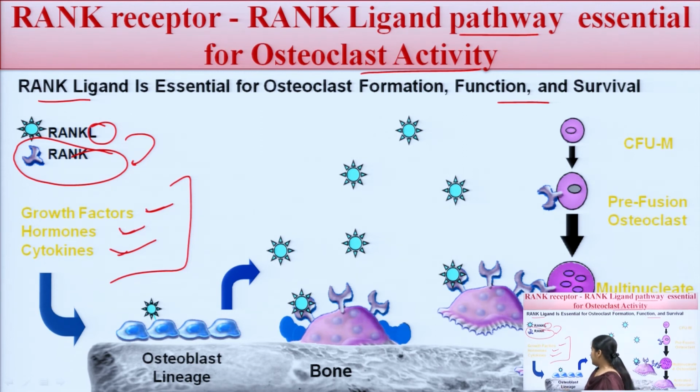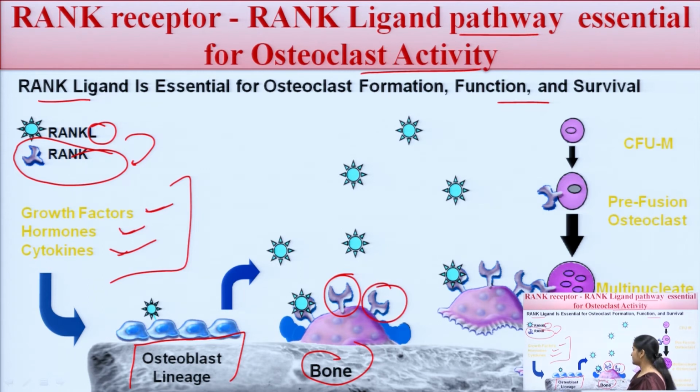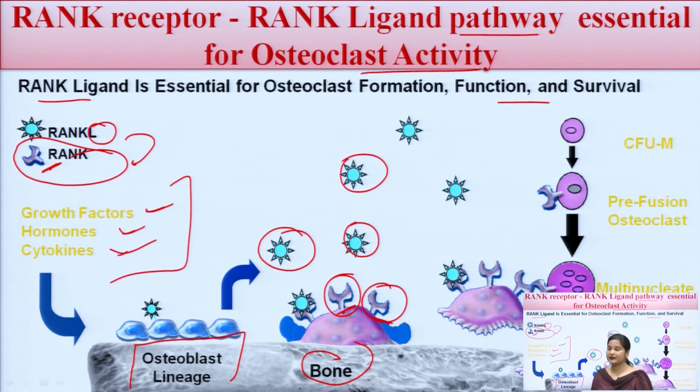So, what happens at that time? In the diagram, this is a bone, this symbol shows the RANK, right, and this structure shows the ligands, the RANK ligands.